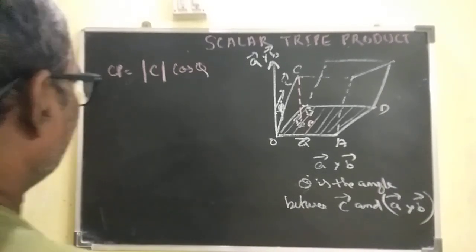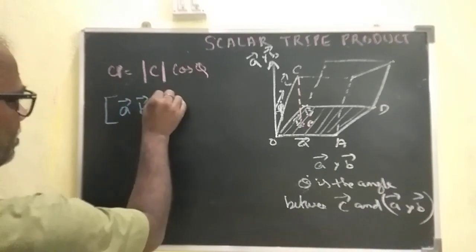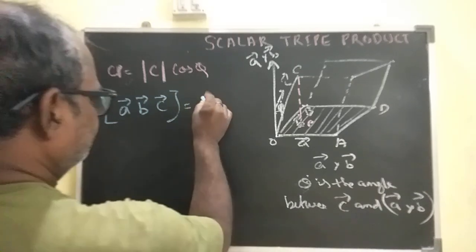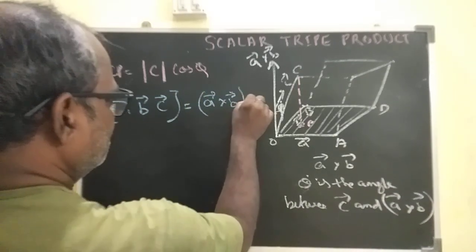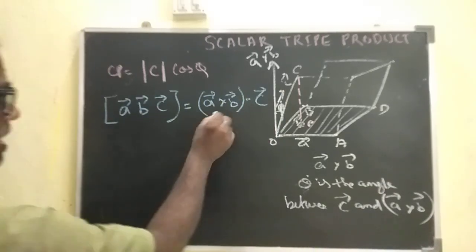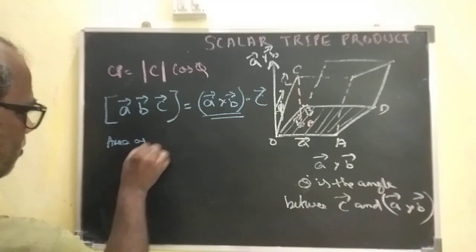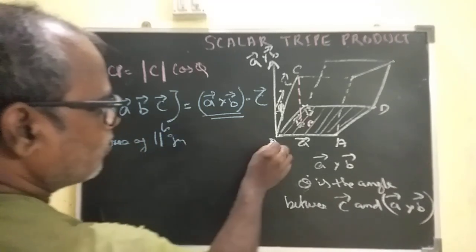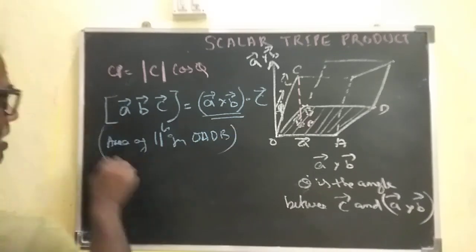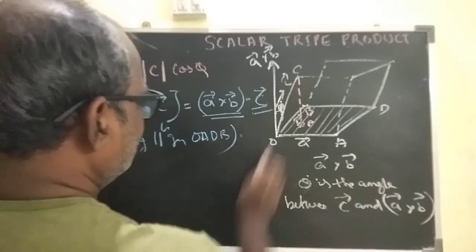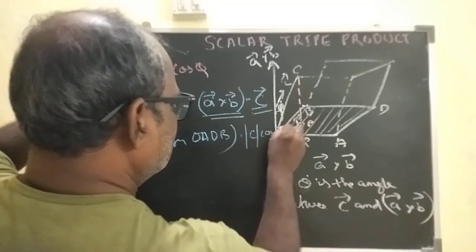So we have the scalar triple product here, that is vector A, vector B, vector C equals A cross B vector dot C vector. So A cross B is the area of parallelogram OADB into this vector C, we can write here mod of C cos theta.